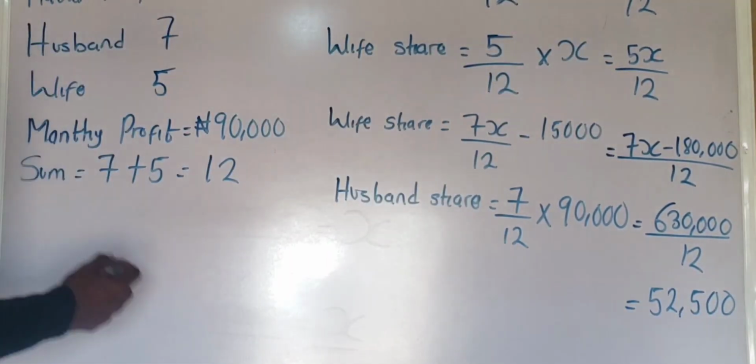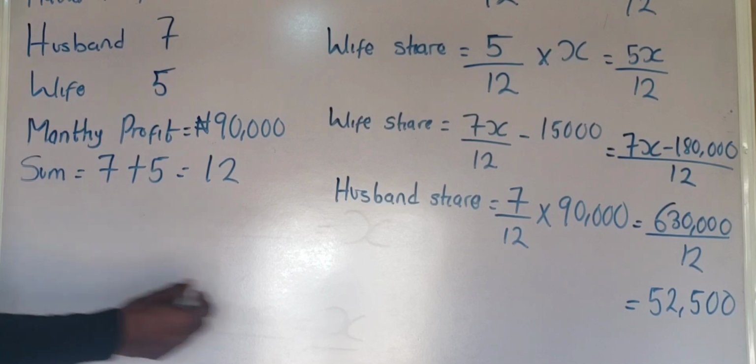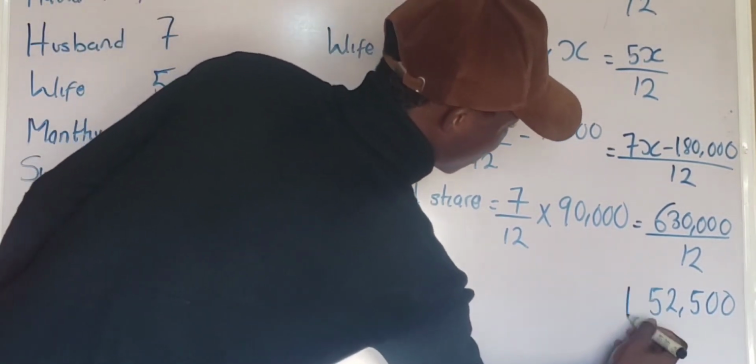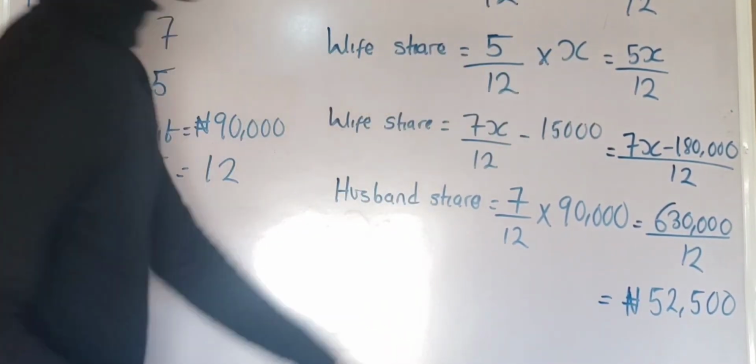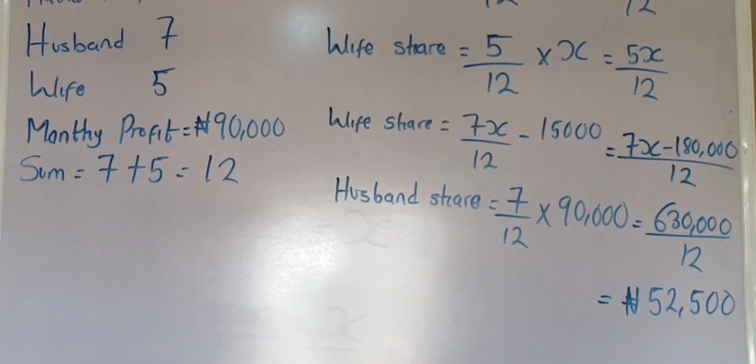So the share of the husband is equal to 52,500 naira. That is the husband's share.